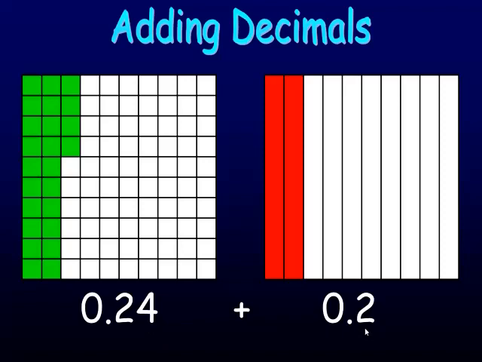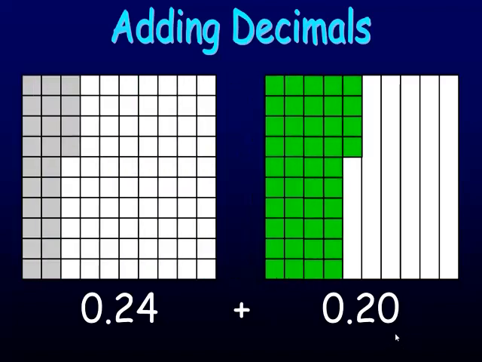In this case we have to add 0 to complete the digits, so the number will be 20 hundredths, and so each tenth we divided into 10 hundredths, so here 10 and here 10, 20 hundredths. Now I will combine the two amounts to be 44 hundredths.